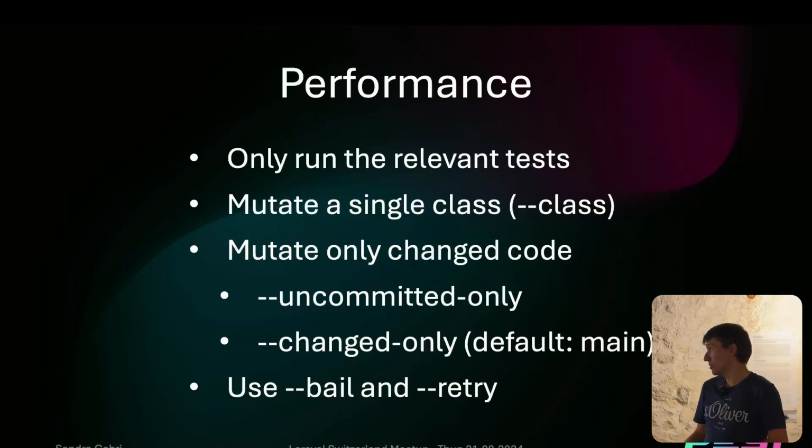And there are more options like bail or retry. Retry reorders the mutations, so the ones that escaped in the previous run are run first. It's similar to the retry option on Pest itself. Yeah, there are many more options, so if you're interested, check out the docs.